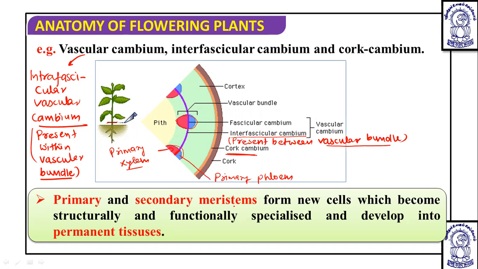So primary and secondary meristem form new cells, and these newly formed cells become structurally and functionally specialized. They gain a particular function and develop into permanent tissue. We will discuss what types of permanent tissue are formed by primary and secondary meristem. But these three are the lateral meristem, which help in secondary growth.